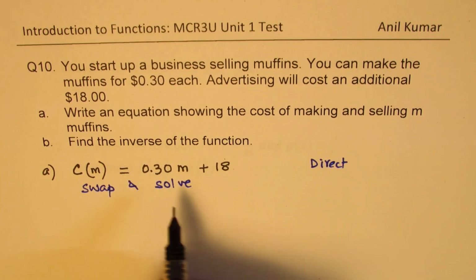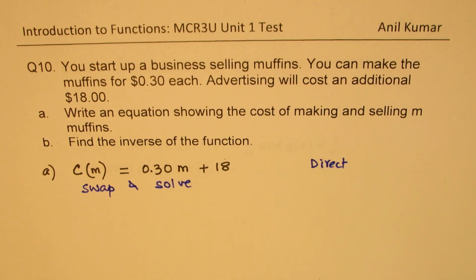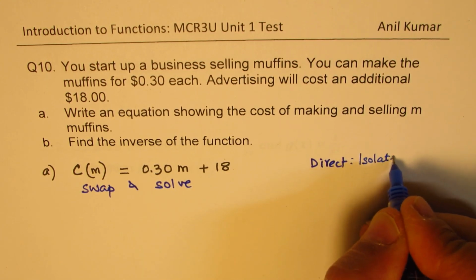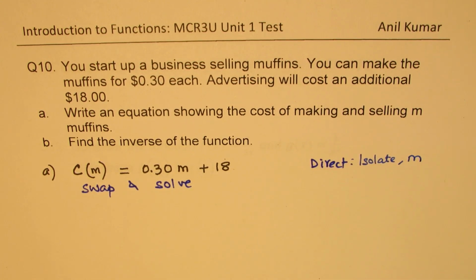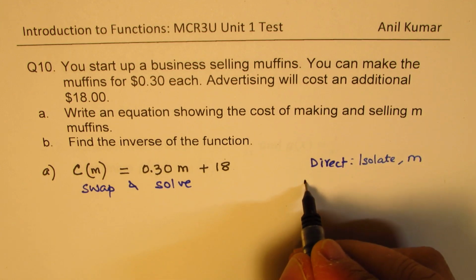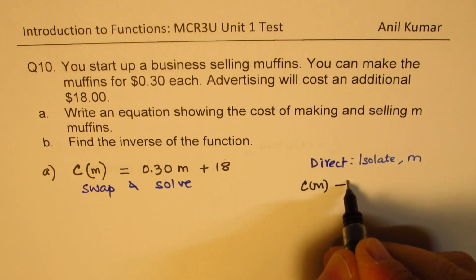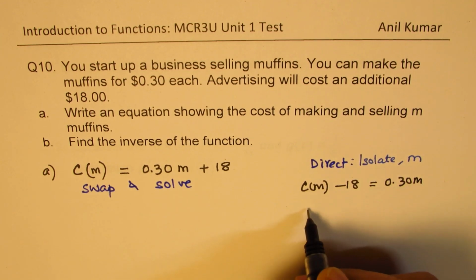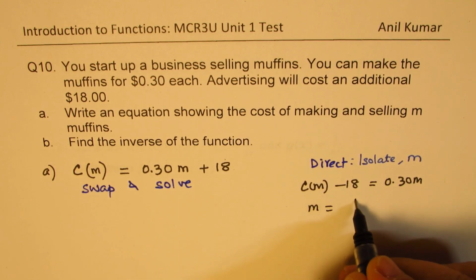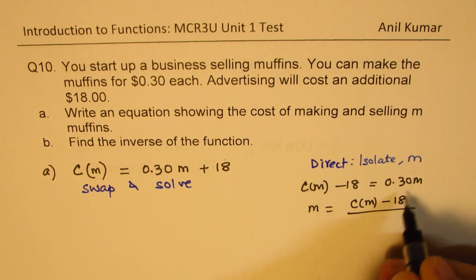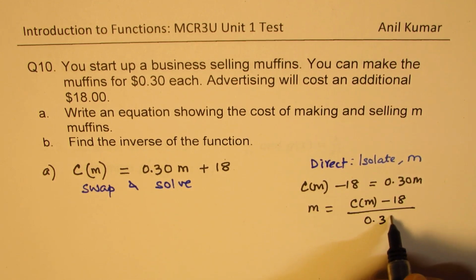If I do the direct method, I'm isolating M. So what we get here is the cost C minus 18 equals 0.30 M, and so M equals the cost of the muffins minus 18, over 0.30, correct?